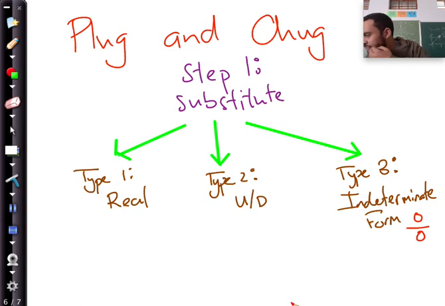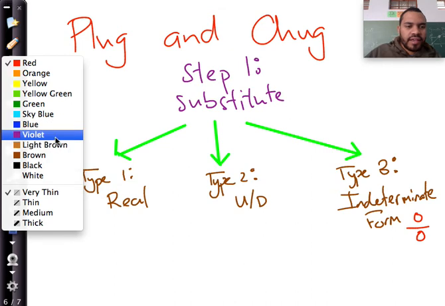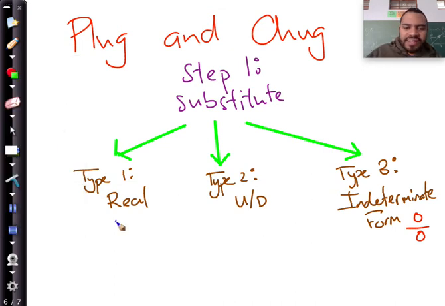Now, if something is real, you have your answer and the limit is done. If you have type 2 and it's undefined, the limit's done, it doesn't exist. It means that it doesn't approach a specific value, it means it's approaching infinity. That's when you're getting a limit towards an asymptote. You understand now? Asymptotic limits.